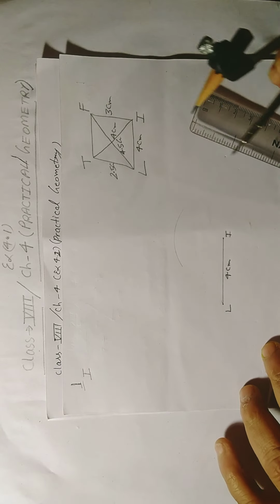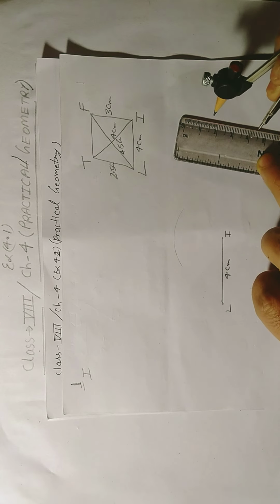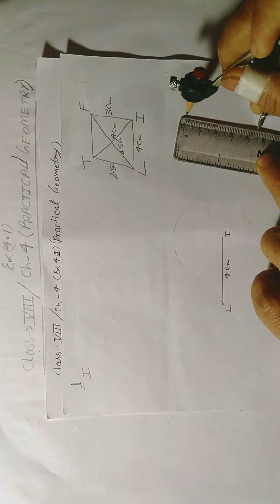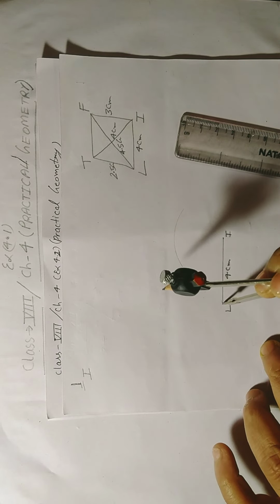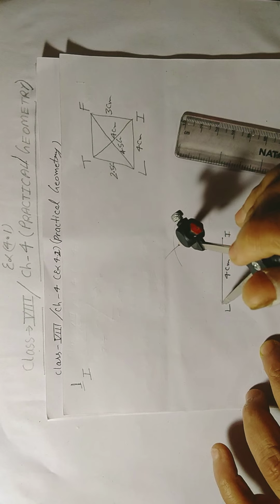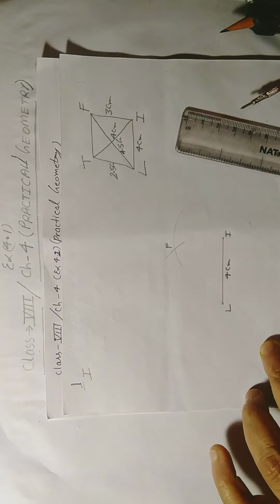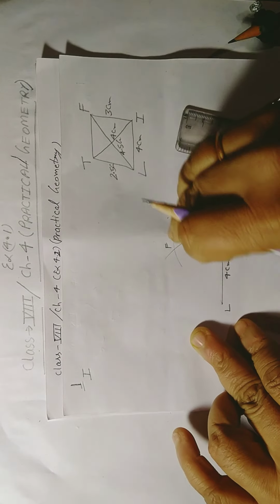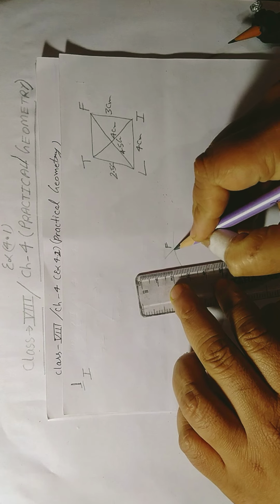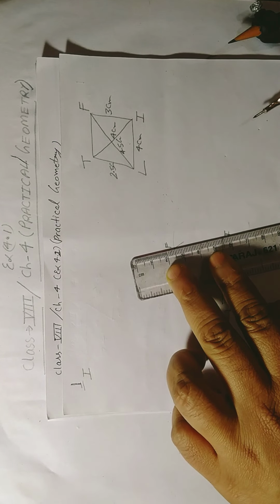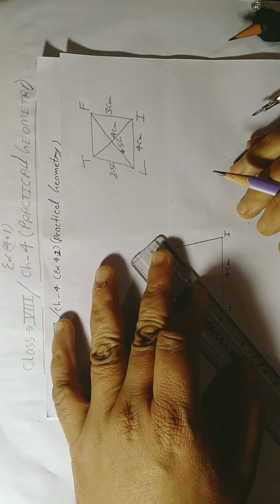Now we take distance 4.5 centimeter in the compass and put the compass at L, and draw an arc which cuts the previous arc at F. Join I to F and F to L.